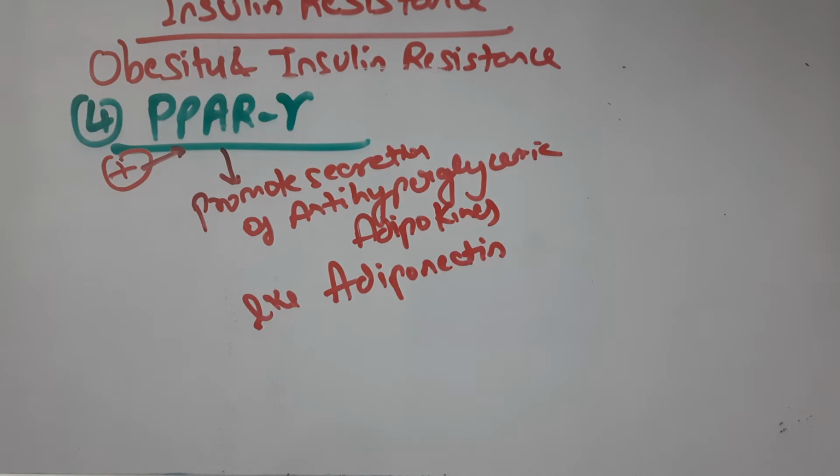The fourth factor involved in insulin resistance is PPAR gamma, that is peroxisome proliferator-activated receptor gamma. It is a nuclear receptor and also a transcription factor.